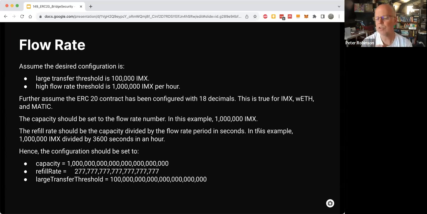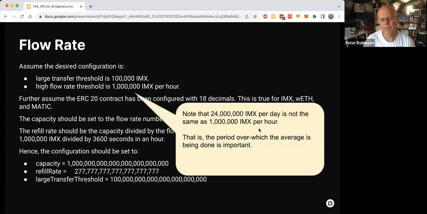Then what you do is you set the capacity to be 1 million IMX with 18 zeros, and the refill rate is 1 million per hour in seconds. So you divide by 3,600, and then you just set your large threshold to be the value.